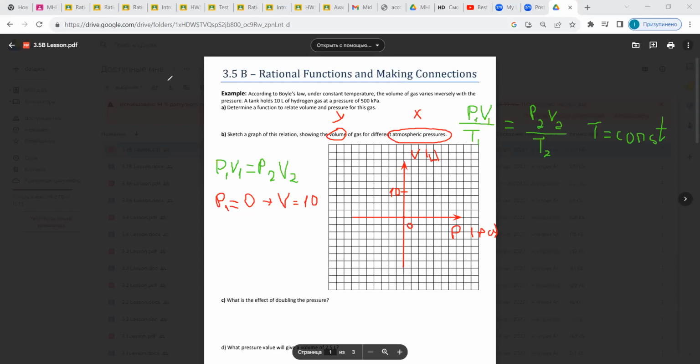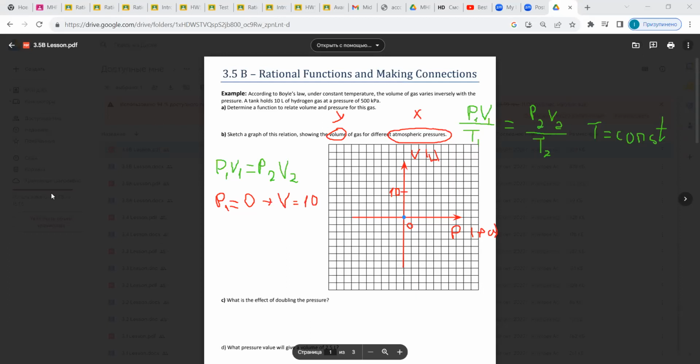So first point, let me pick some other color for points. I suggest we use blue. So first point would be at 0, 0. This is going to be the first point of the graph. Second point, I suggest we take a pressure of 500 kilopascals.